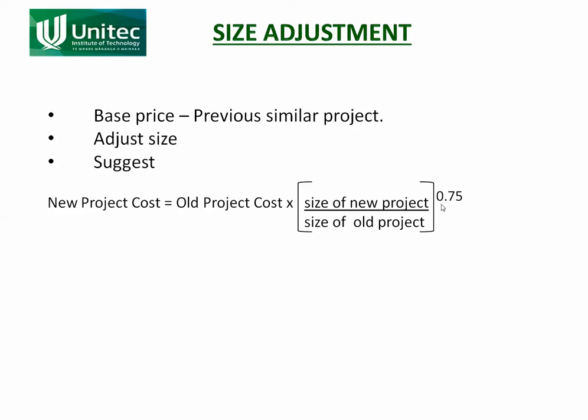A friend of mine did a master's degree in studying prices, and he took a whole lot of prices of work that was done and how they would be best adjusted for size, and he figured that this was the way that it works. So this equation is empirical. It's just based on previous projects rather than any sort of mathematical concept.